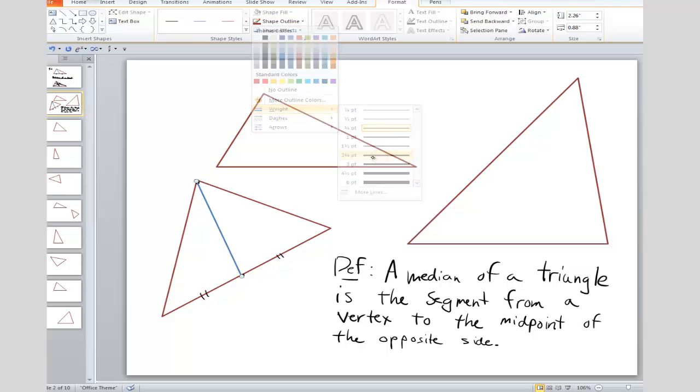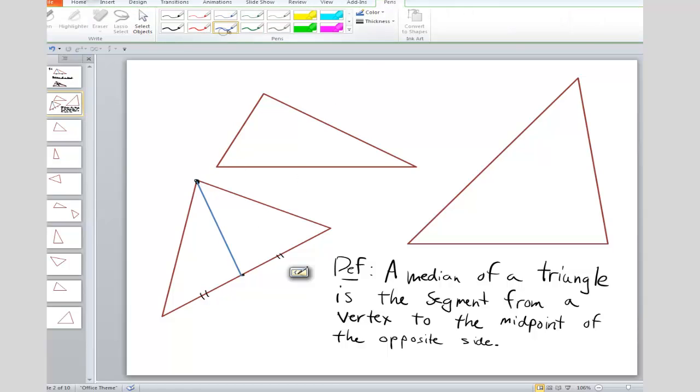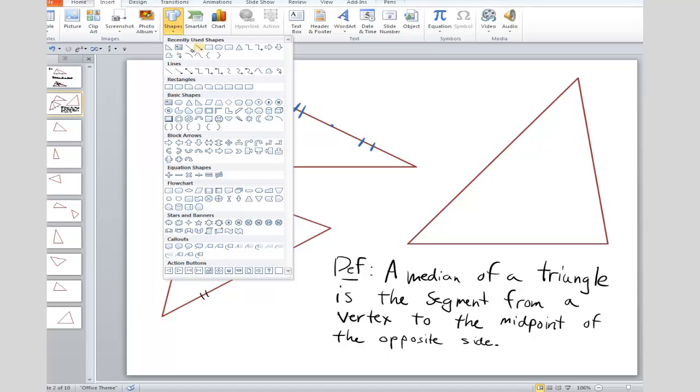There we go. Alright, so we can take any median over here and do the exact same thing. So let's go ahead and select another color. Let's take this right here. This is a vertex, and we can pick any vertex here. Doesn't matter which one, we can pick any of them. So here's a vertex, and we need to find the median. The median would be right in the center, and it is the line that connects these two.